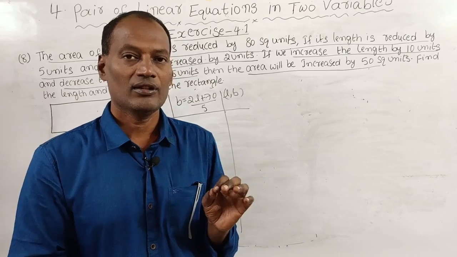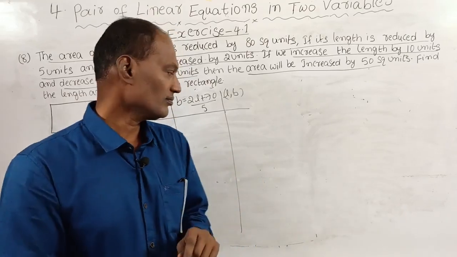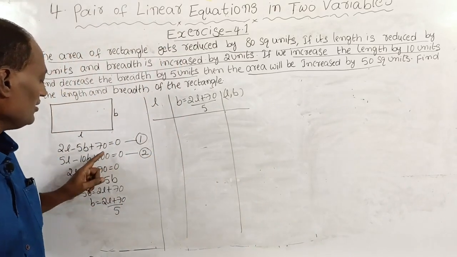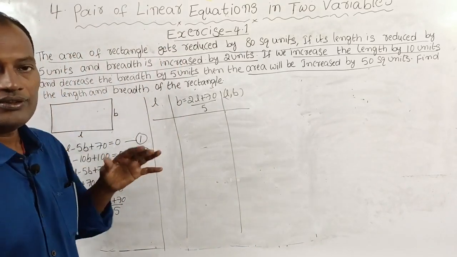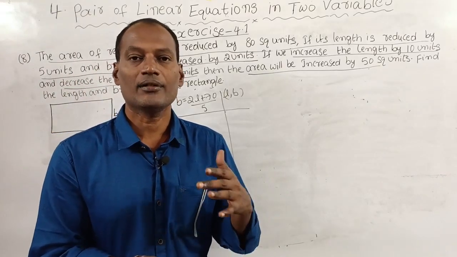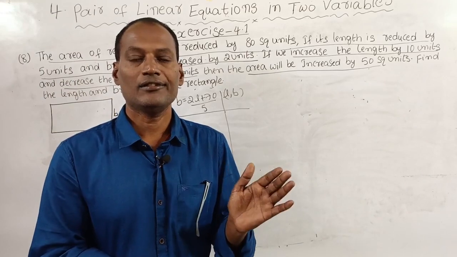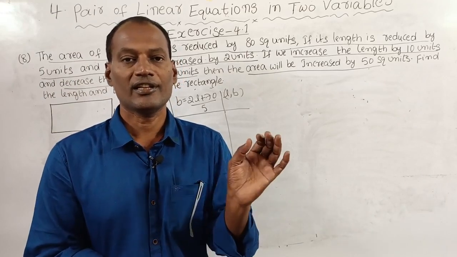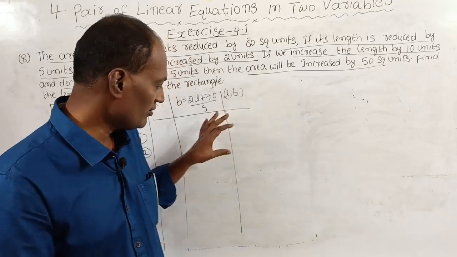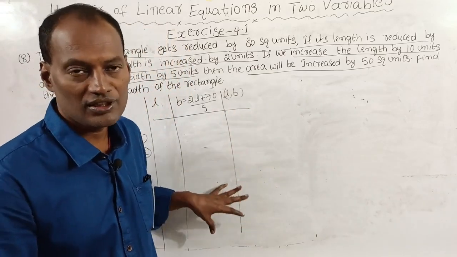But here one thing we also have to think: the value is 70, a higher value. If the values are higher, we can take larger values like 10, 20, 30, 40. Do not take 0, 1, 2, because the points will be more, 15 to 20, 30 points.